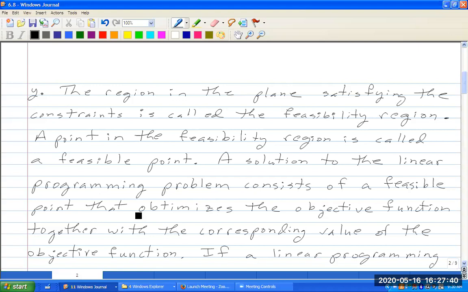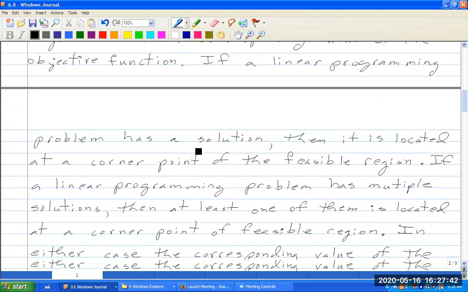If a linear programming problem has a solution, then it is located on a vertex, a corner point, of the region. The feasibility region, since it consists of a whole bunch of linear inequalities, it'll be called a simplex.